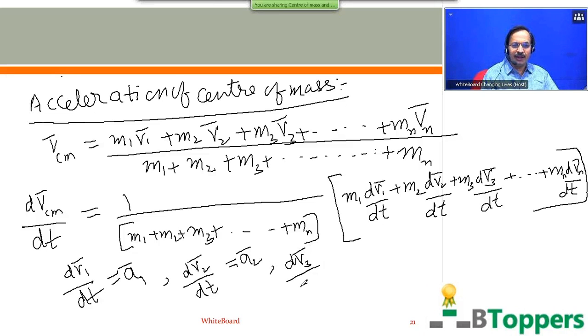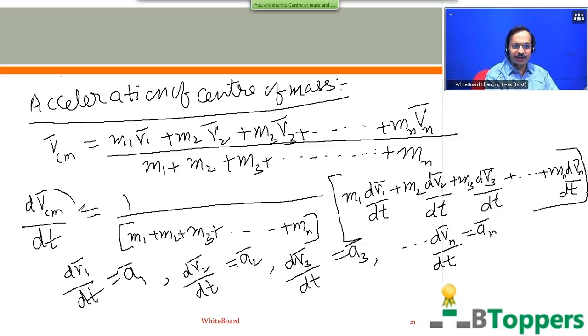And dv3 bar by dt can be written as a3 bar, the linear acceleration vector of the third particle of mass m3, and so on. So dvn bar by dt can be written as an bar, the linear acceleration vector of the nth particle of mass mn.